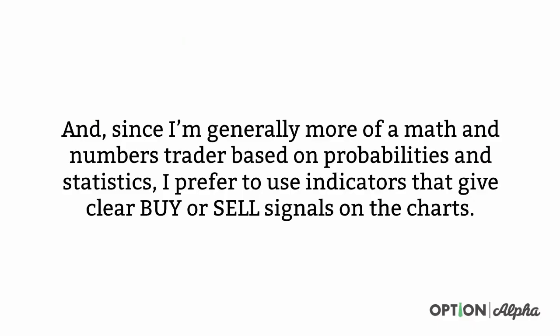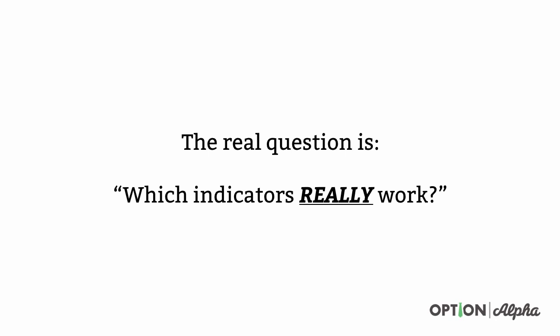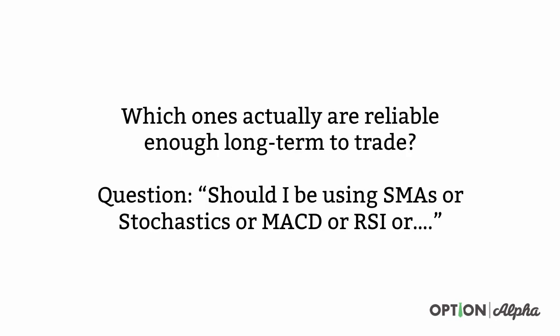So here's the deal. The real question becomes, which indicators really work? Which ones are actually reliable enough long-term to trade? So the question you might have is, should I be trading using the SMAs, which are simple moving averages, or stochastics, or MACD, or RSI, or all the other different indicators that are out there?